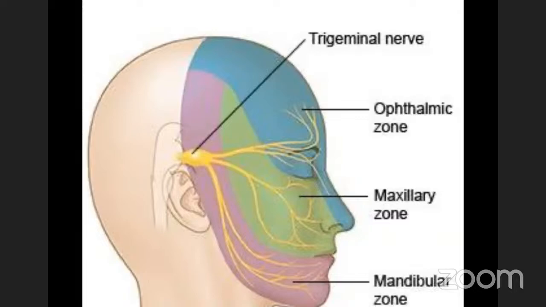Now, in the trigeminal area, we have to understand the basic supply of the trigeminal area. The basic supply of the trigeminal area arises from the brain.